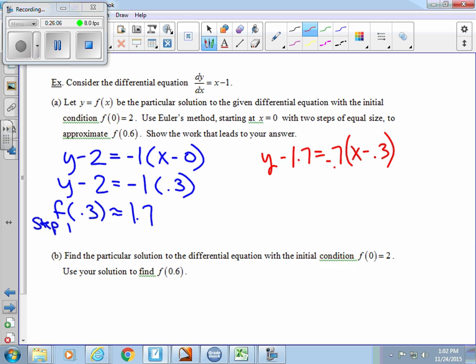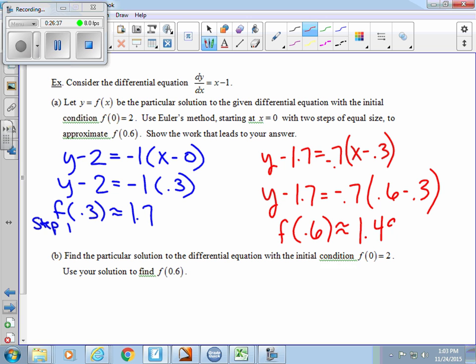You notice I only had to do 2 steps. 0.3 times 0.7, add 1.7 to that, 1.449. Is that what everyone's getting?